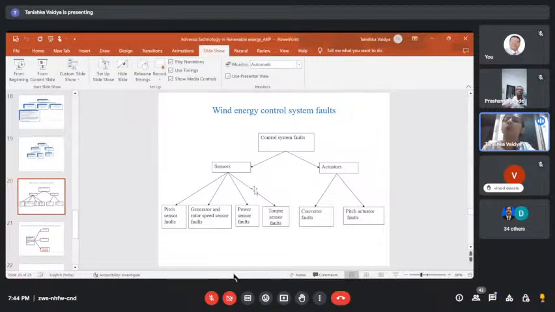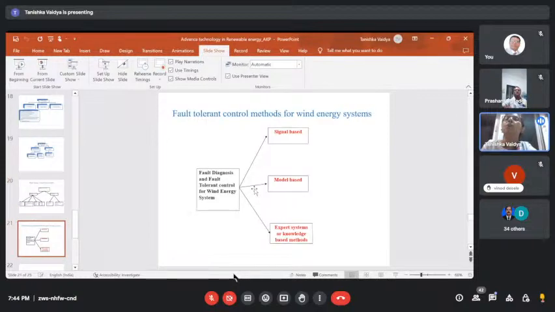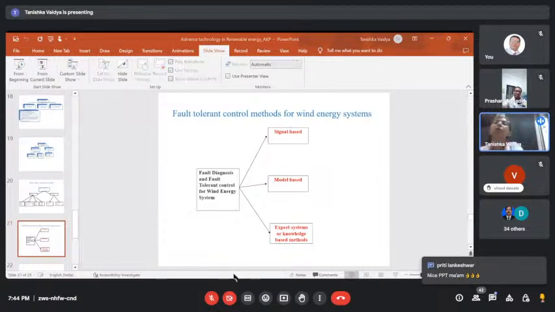Even though the fault will occur, the system will take charge and will work well. So there are various fault tolerant control methods: signal based method, model based method, and expert system or knowledge based method. What these different methods are, we'll discuss very briefly.